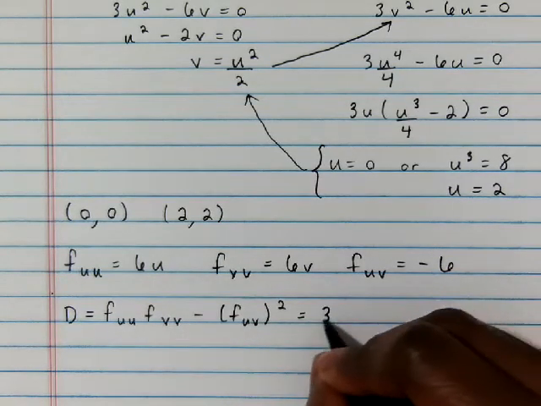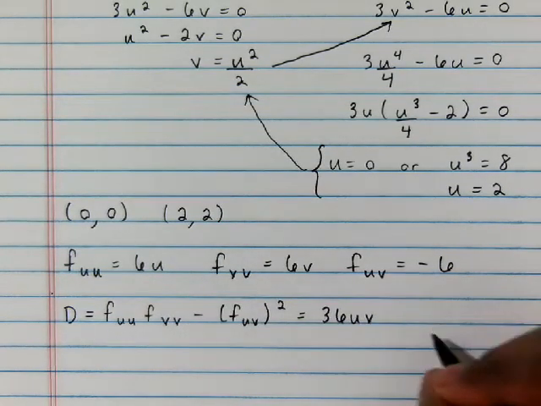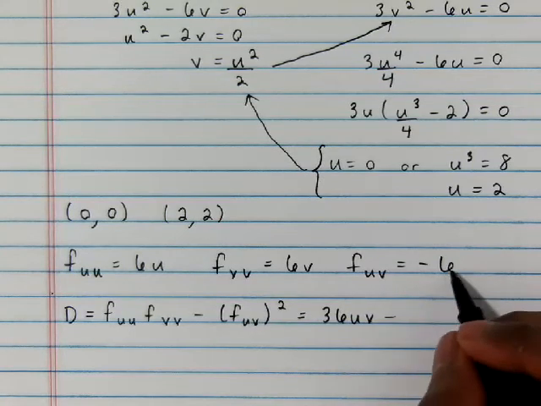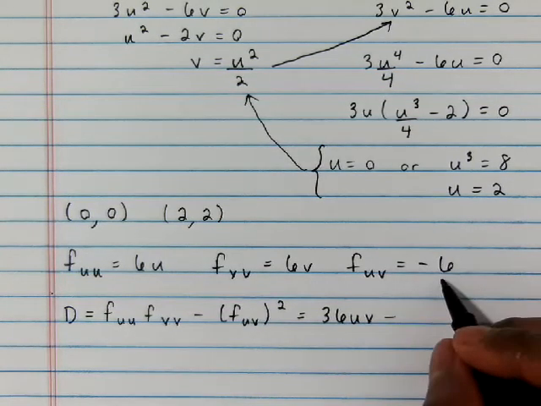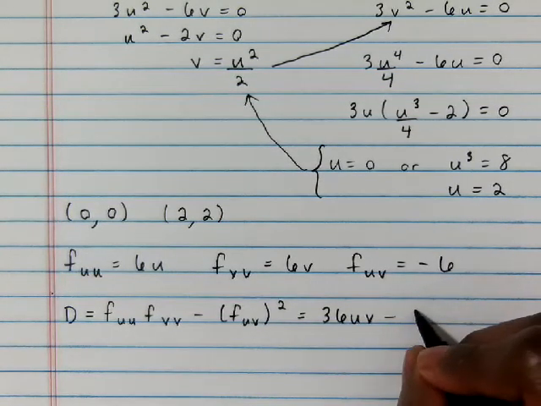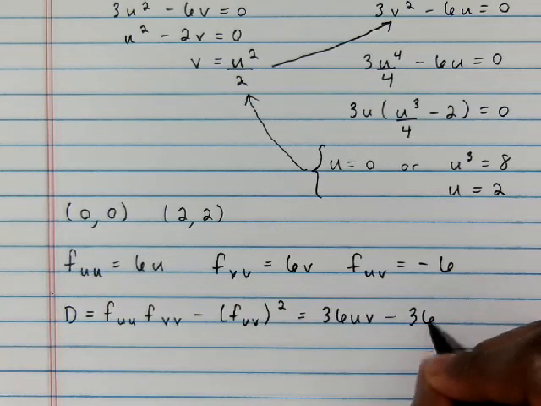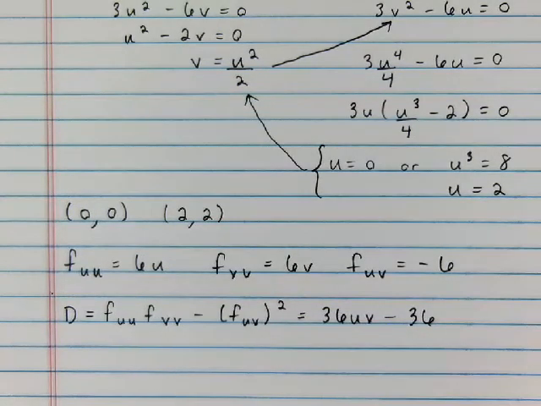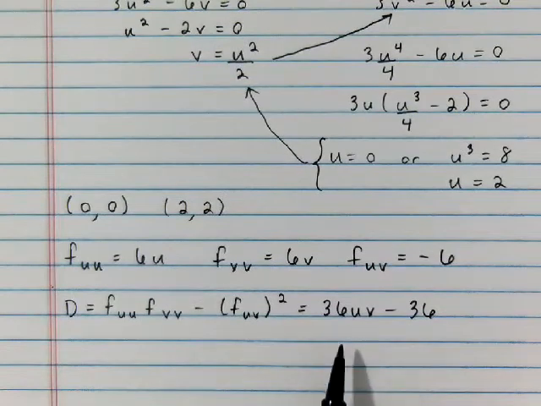So we get 36uv, and then minus this squared. So that's going to be minus 36 for us. All right, so now we're ready to take our critical points and plug them into this function to see what we get.